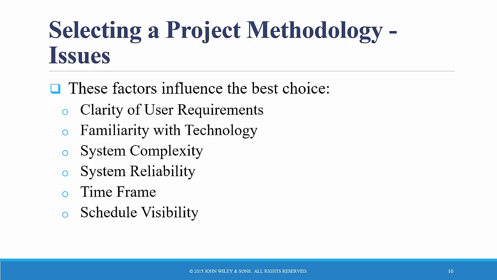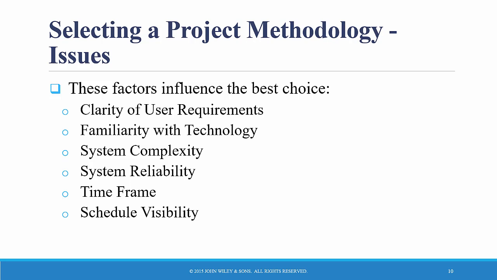Familiarity with the technology. How much experience does the project team have with the technology that will be used? System complexity. How much complexity is anticipated in the new system? More complex systems, of course, are more difficult to develop and often need a more formally structured approach.